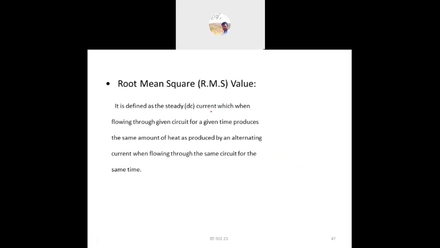The RMS value, also called the effective or virtual value, is the steady current which, when flowing through any given circuit for a given time, produces the same amount of heat as an alternating current flowing through the same circuit for the same time. The 230 volts AC for domestic application is the RMS value.